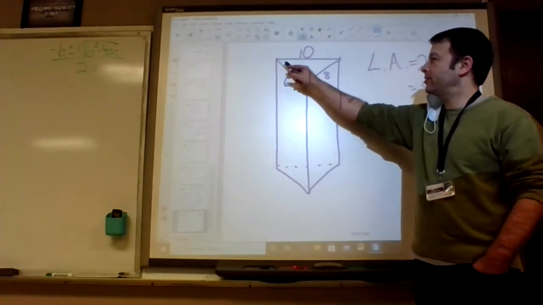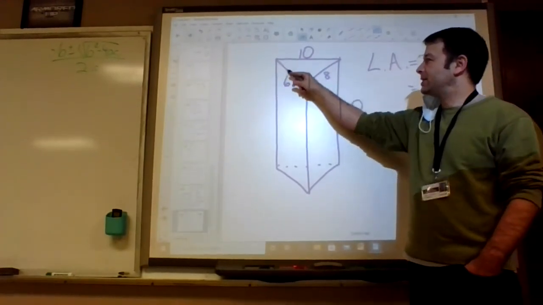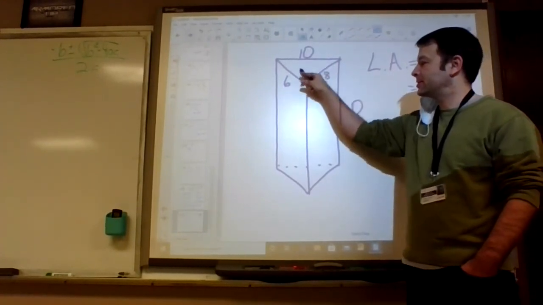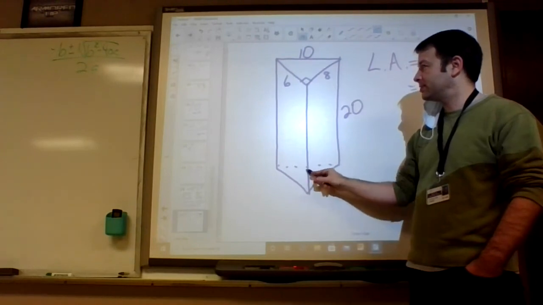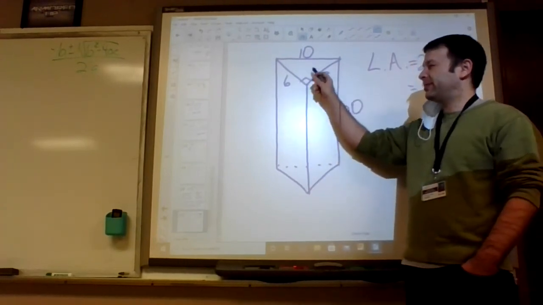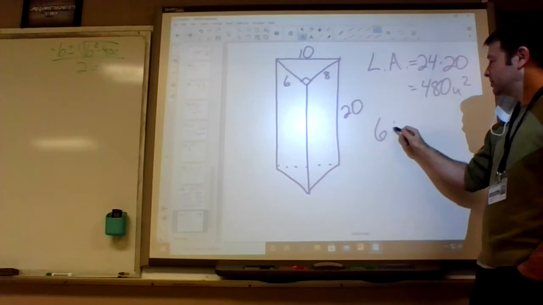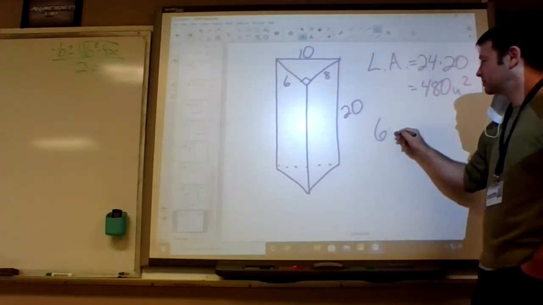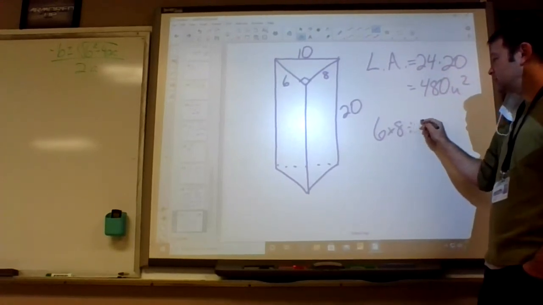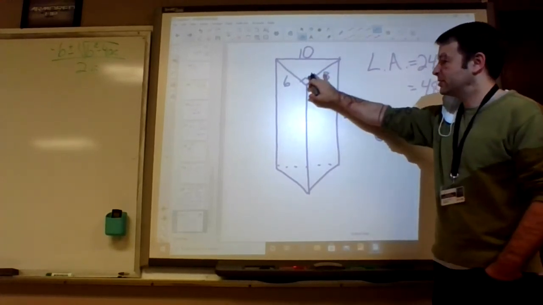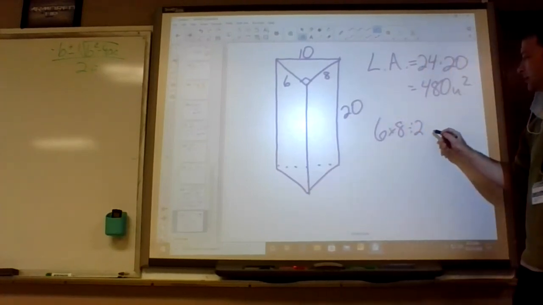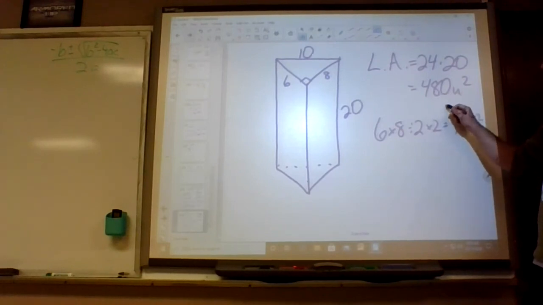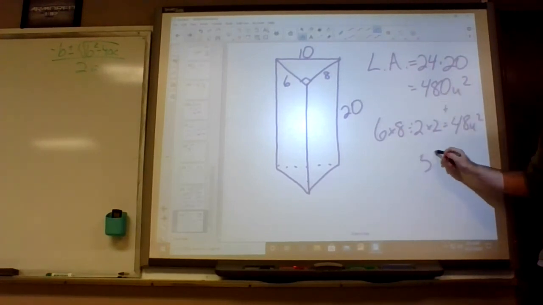Since there's a right angle there, we can use 6 and 8 for the base and height. 6 times 8 divided by 2 gives the area of this, but then times 2, because there's 2 of them. So that's 48. Divide by 2 because it's a triangle, times 2 because there are 2 of them. Add that to the lateral area, we get 528.